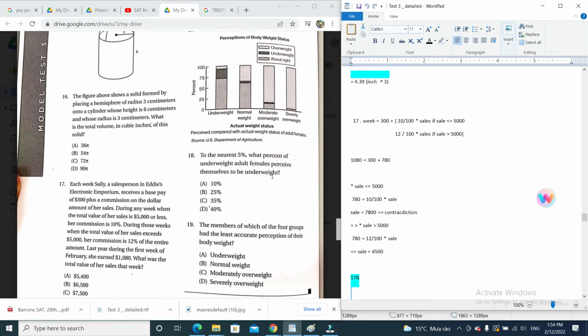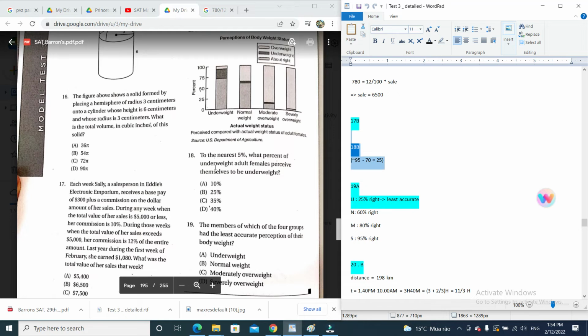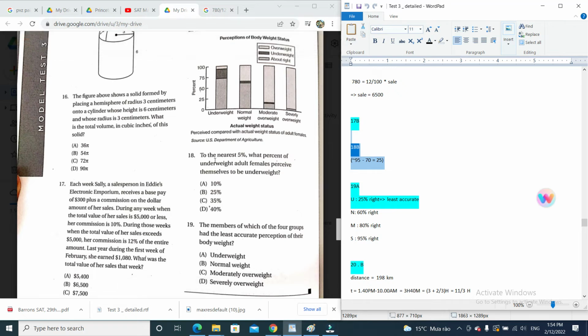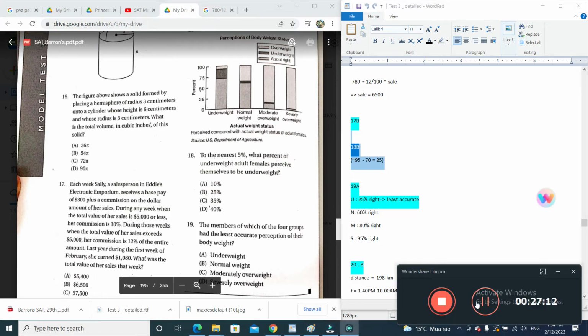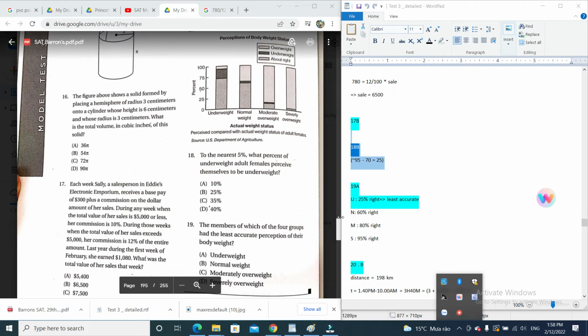For the underweight group, about 25% of them perceive themselves as underweight, because you can see here it's 95% minus 70%.